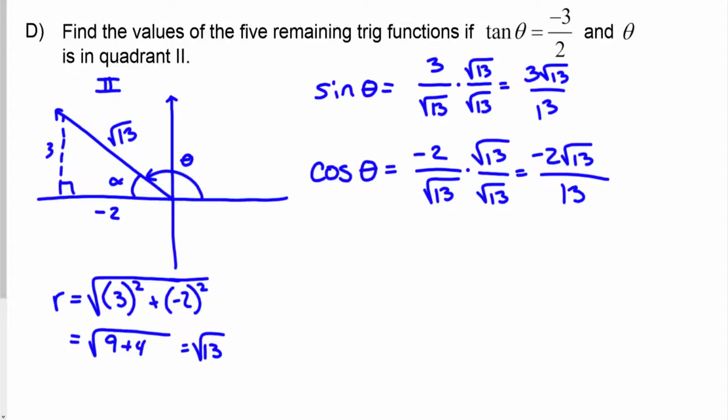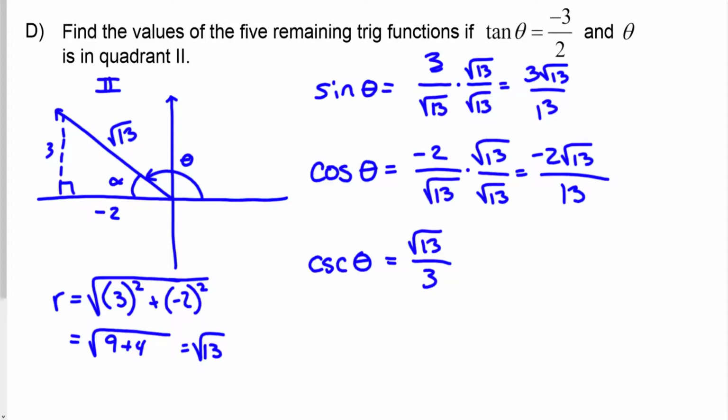So I can get cosecant next. And I don't really need to do a lot of work for cosecant. I'm just inverting sine, but I'm going to invert this form right here, because when I invert, I'll have root 13 over 3, which means the radical is in the numerator, and so I don't need to rationalize.